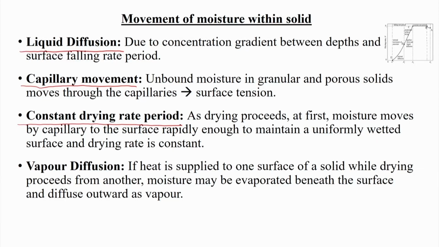Whenever we have a huge amount of moisture content inside the solid, the moisture will move by capillary to the surface very easily, and as we know, evaporation is entirely dependent on the surface area from where it is evaporating. In the beginning, a wet solid will not shrink, or remain as such for a long period of time.